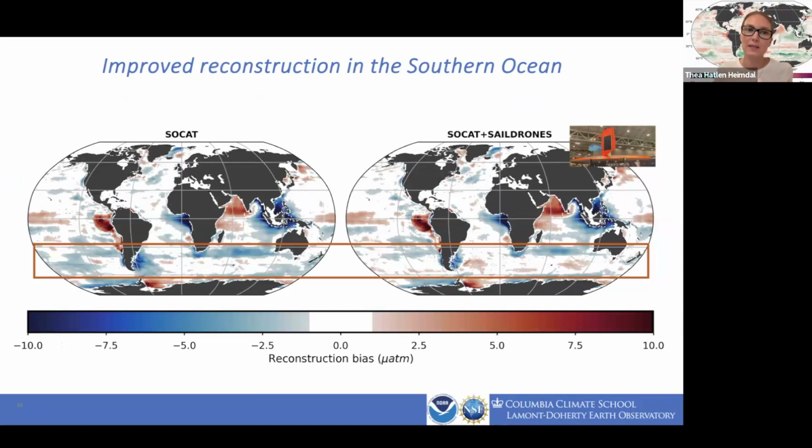On the left-hand side, where we only have SOCAT observations, we see quite a bit of blue, so underestimating of pCO2. And on the right-hand side, where we also have these sail drones, we see a lot more white color, so we're closer to 0, so less reconstruction bias. What we can learn from this, maybe not that surprising, is that sending out a couple of sail drones in the Southern Ocean improves our reconstruction, so we have less reconstruction bias.